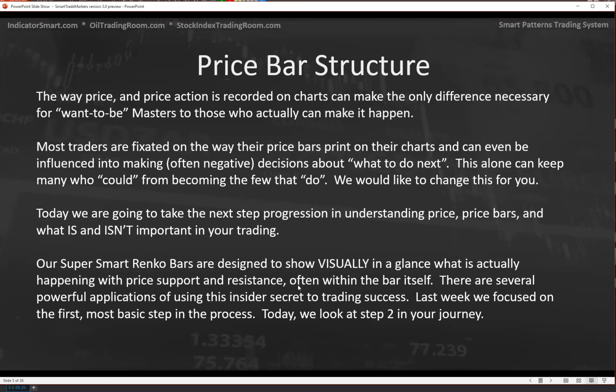We're going to show you all of this in one glance, and it often happens within the bar itself. There are several powerful applications to use this. Last week, we looked at the first. I'll take 10 seconds to review that, and then today, we're going to look at step 2.